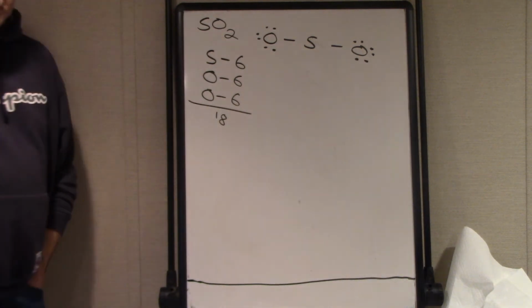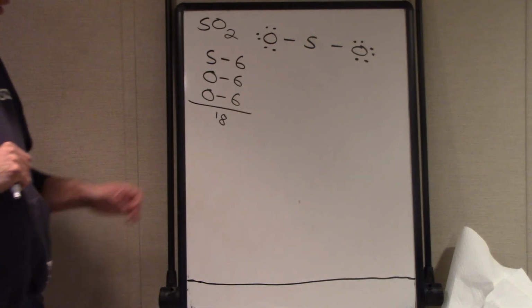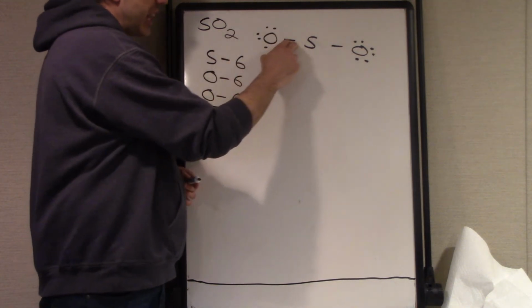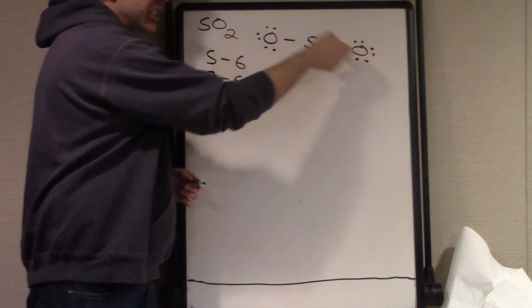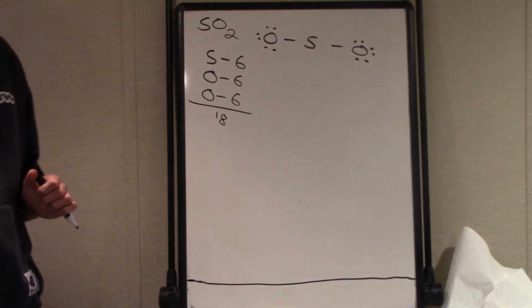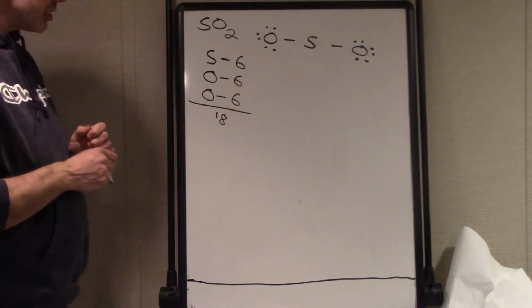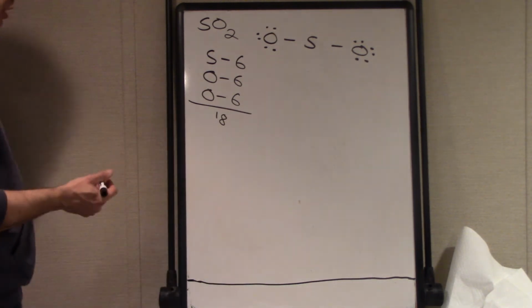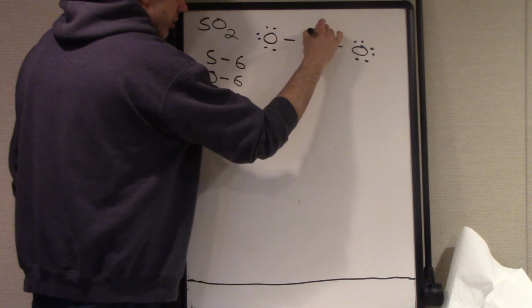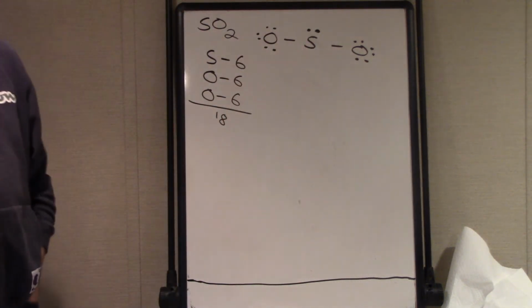Now I'm going to check and see how I've done. I need 18 electrons. 2, 4, 6, 8, 10, 12, 14, 16. I only have 16 electrons in my structure, so this is definitely not going to be the right structure. I need 2 more electrons. Where are they going to go? They're going to go as a lone pair on that central atom.